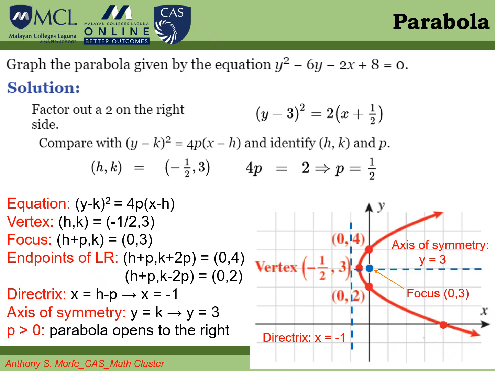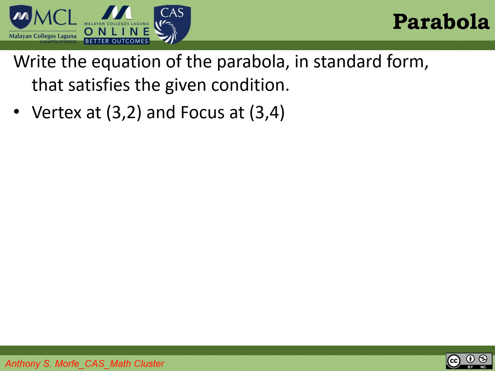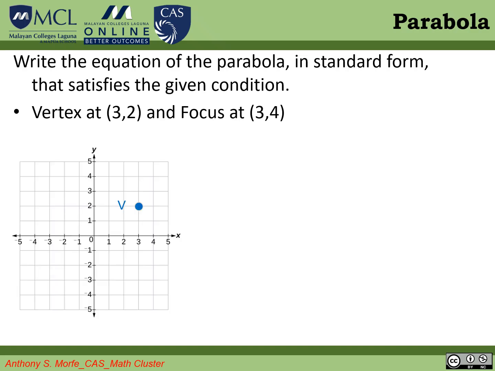Then another example here. Write the equation of the parabola in standard form that satisfies the given condition, where given here the condition is vertex at coordinates (3, 2) and focus at (3, 4). Okay, so we have here the illustration.